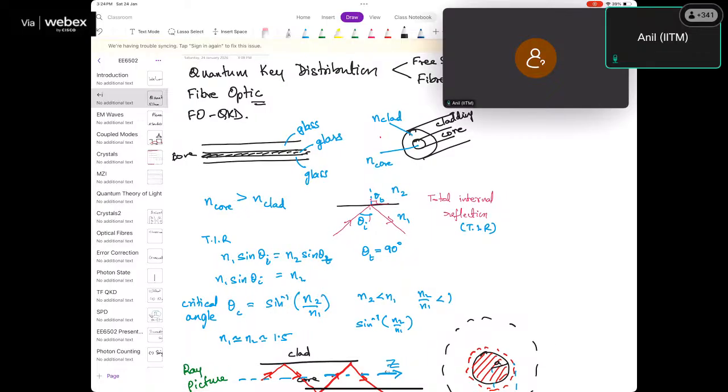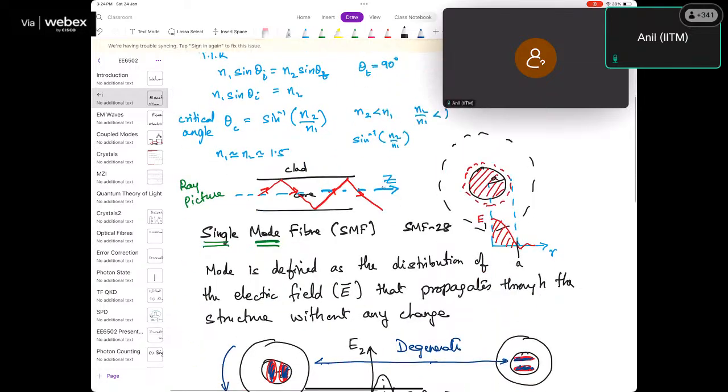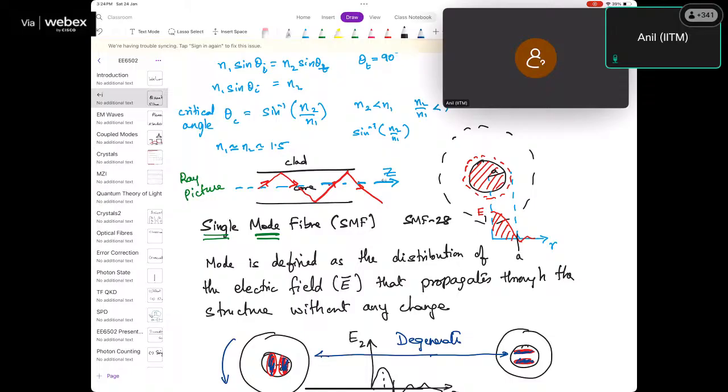And outside is a piece of glass with a slightly lower refractive index that I call a cladding. And it has been tailored such that it will largely have only one type of distribution or mode that I call a single mode fiber, where the electric field is mostly in the core of the fiber.